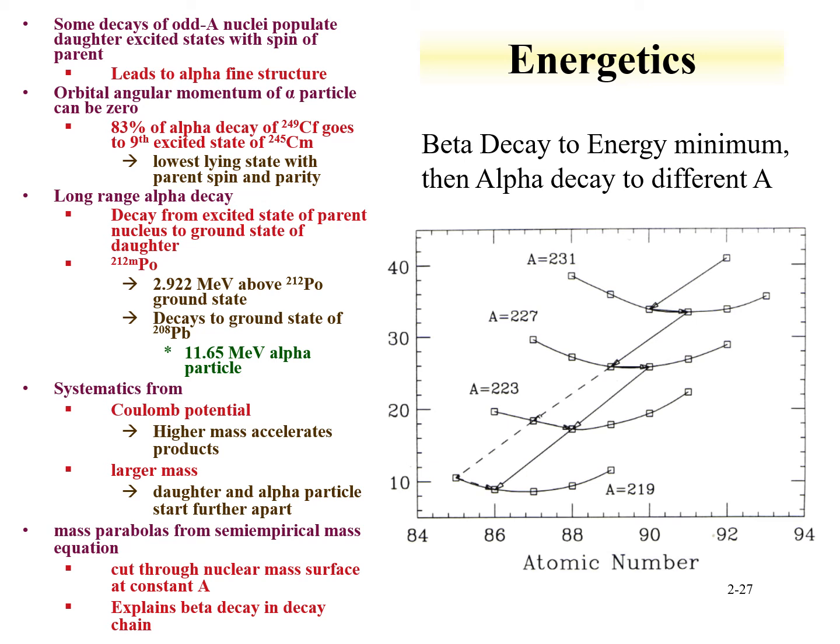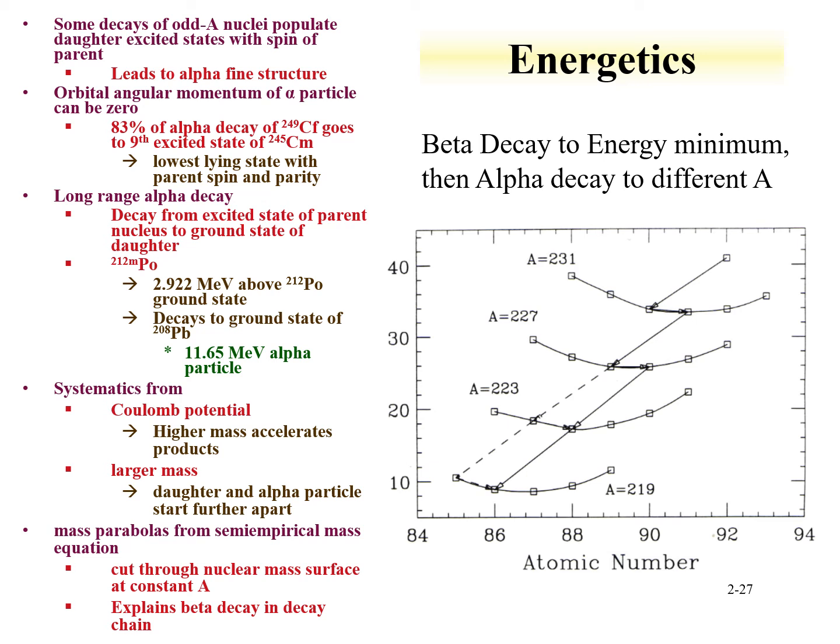For instance, californium-249 goes to the 9th excited state of curium-245 because that is the lowest lying state with the same parent spin and energy. We'll discuss this in a little more detail so that we can understand why certain isotopes have fine structure and certain don't.